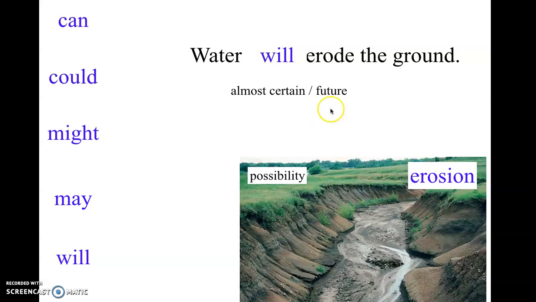One is that we are certain or almost certain this will happen. The other thing is in this sentence, we could be just talking about the future. For example, in the beginning we might add, in 10 years, water will erode the ground, or this water will erode the ground. We could do that. Okay, so very certain and the future.